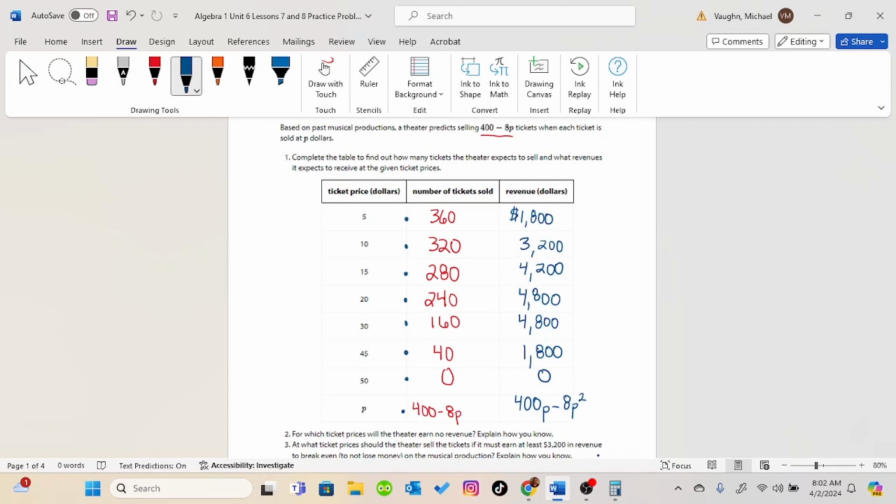Number 2, for which ticket prices will the theater earn no revenue? Explain how you know. So first, we see that when ticket prices are 50, we get no revenue because we have no tickets sold.